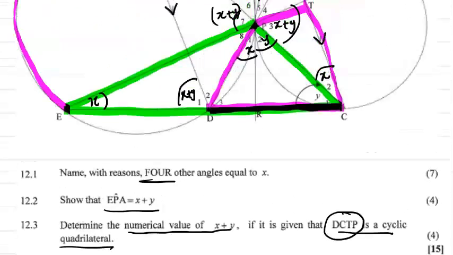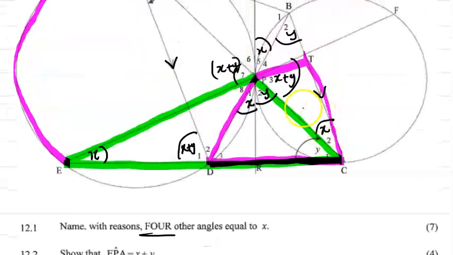And now I'm going to write down that I've got this whole angle here, which is TPD, and I've got DCT.